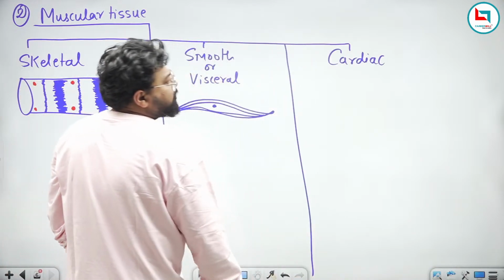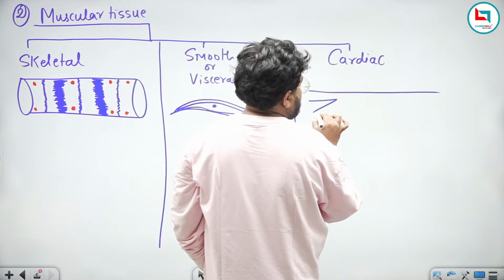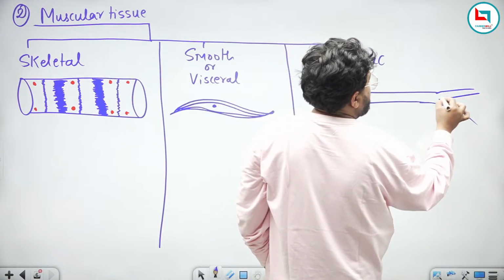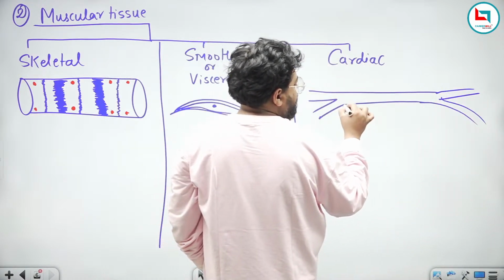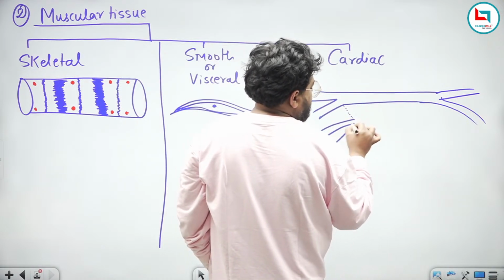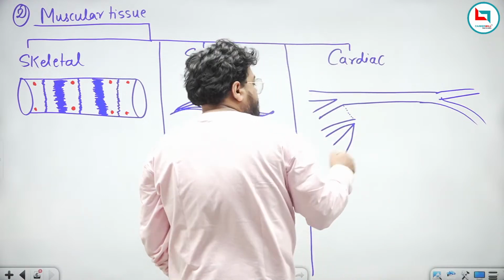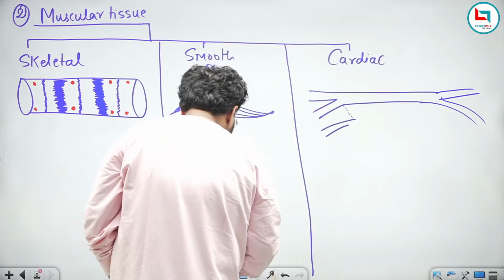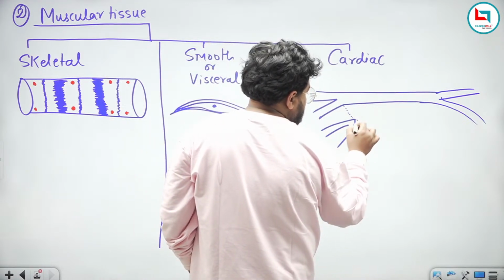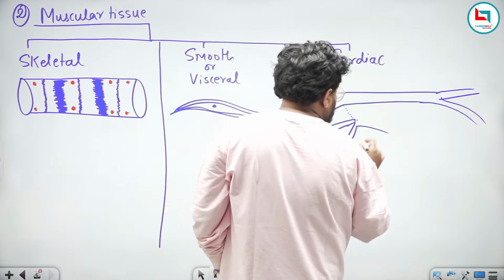If we see the structure of cardiac muscle, it looks like this.